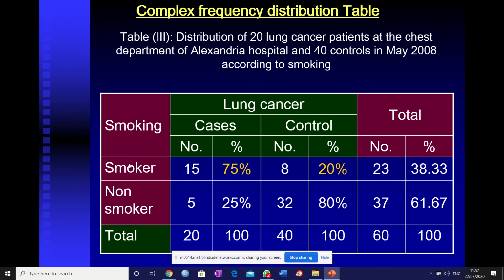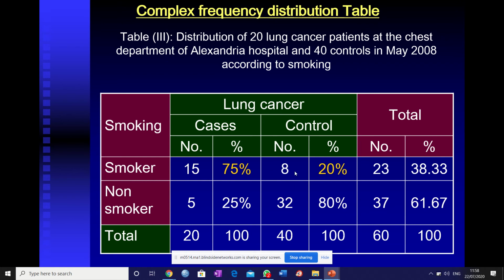Smoker, and let us interpret this table. I will give you tables like this, and I will want you to interpret them, okay? I will ask you, for example, how many smokers are there in the control group? Smoker is here, and control group is here. So how many? 8, okay?